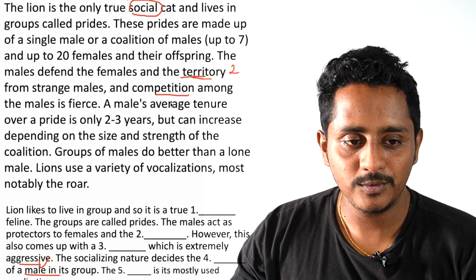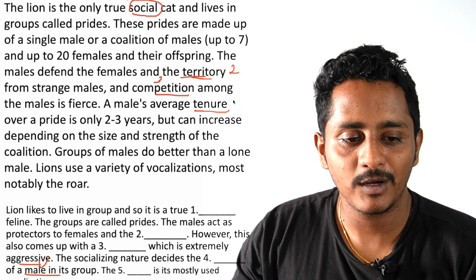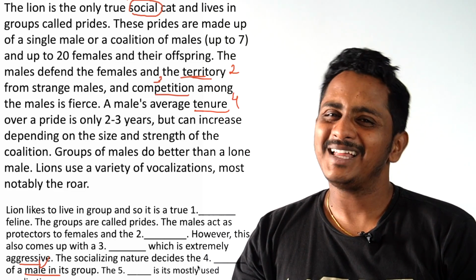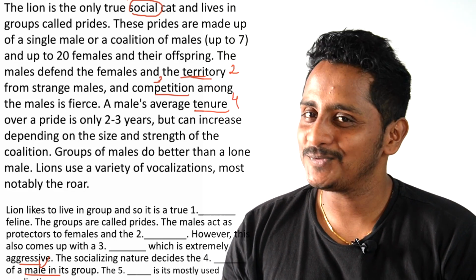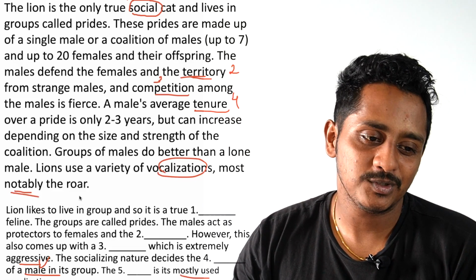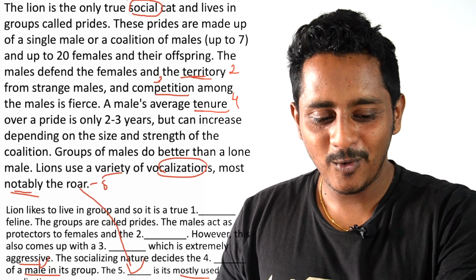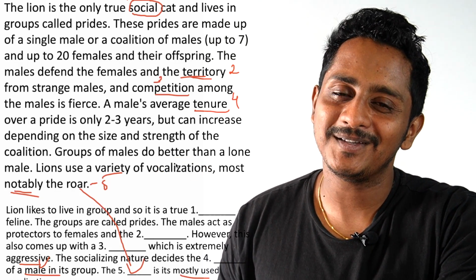So territory is going to be 2, competition is going to be 3, tenure is going to be 4. That's it, the last one is very easy. The dash is used for vocalization, mostly used. Roar is going to be 5.